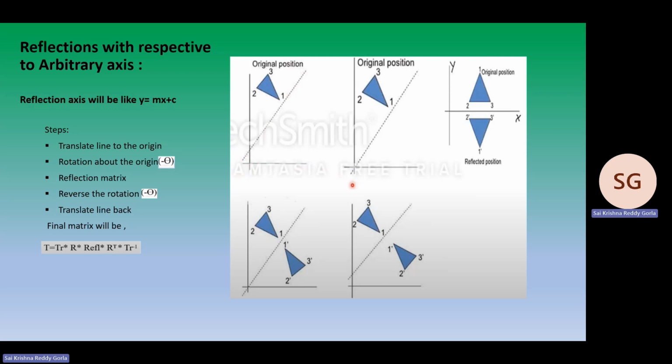So the final matrix will be A equals translation times rotation times reflection times reverse rotation times the translation back to the arbitrary line.